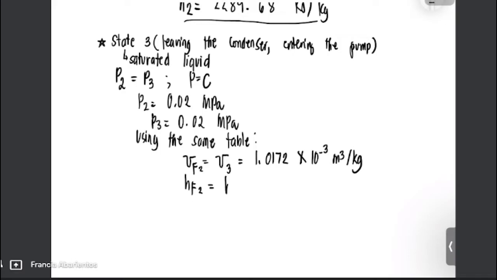That is now your H3, which is equal to 251.40 kilojoule per kilogram. Tama yung H3 ko.